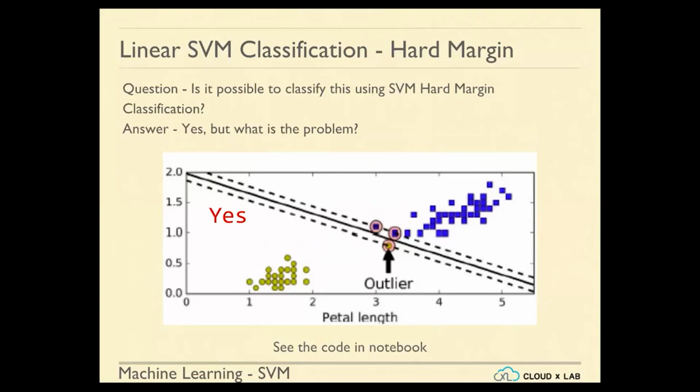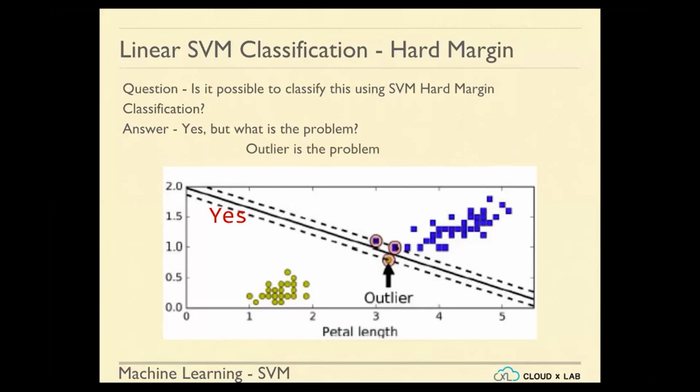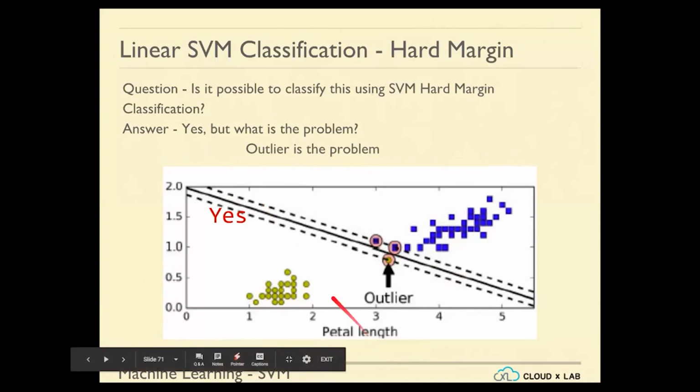We can try to create the SVM hard margin classifier, but this outlier is the problem, because suddenly the margin that was supposed to be a big street here, instead we're fitting a tiny thin street here, very thin.